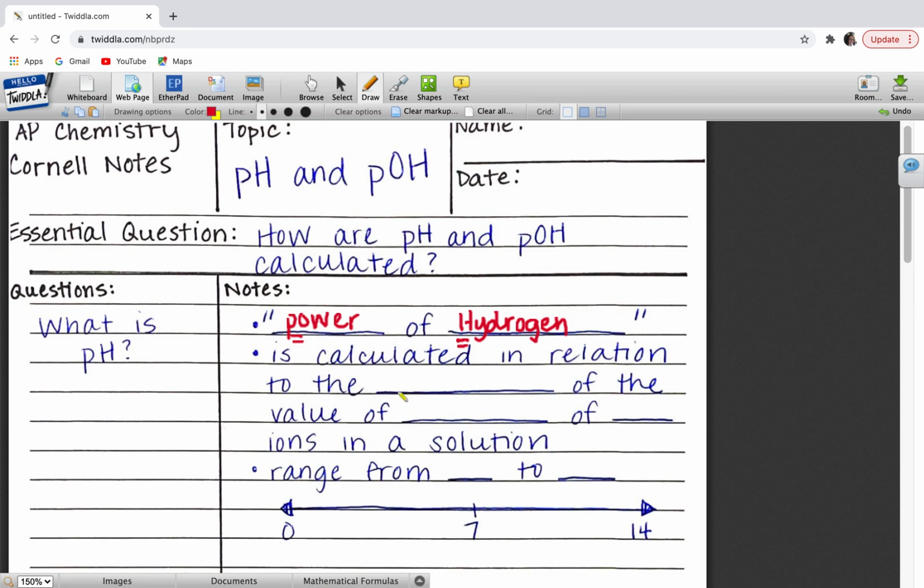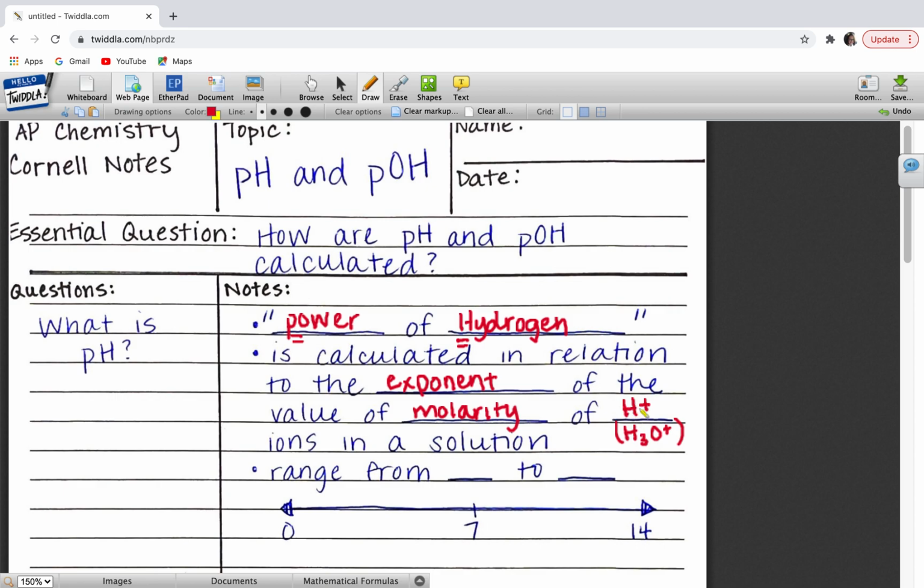So it is calculated in relation to the exponent, aka the power of the value of molarity of hydrogen ions in a solution. Hydrogen ions are sometimes also called hydronium, H3O+, but it's still the hydrogen ion in an aqueous solution.